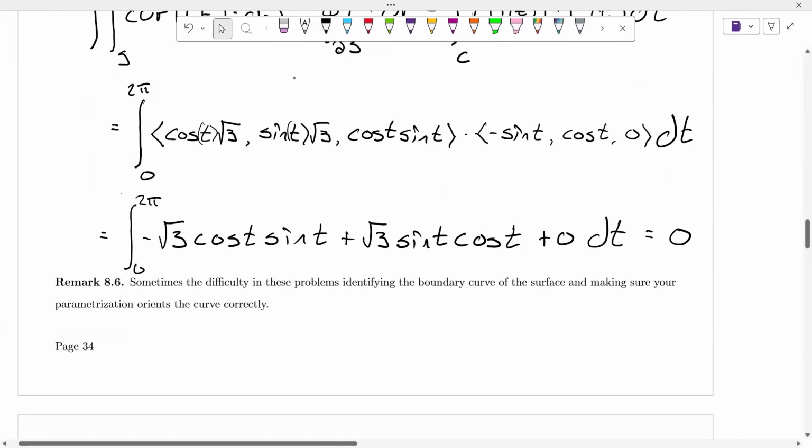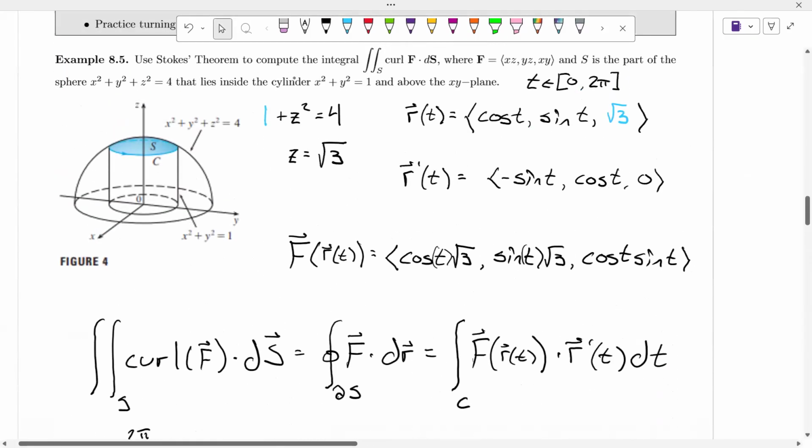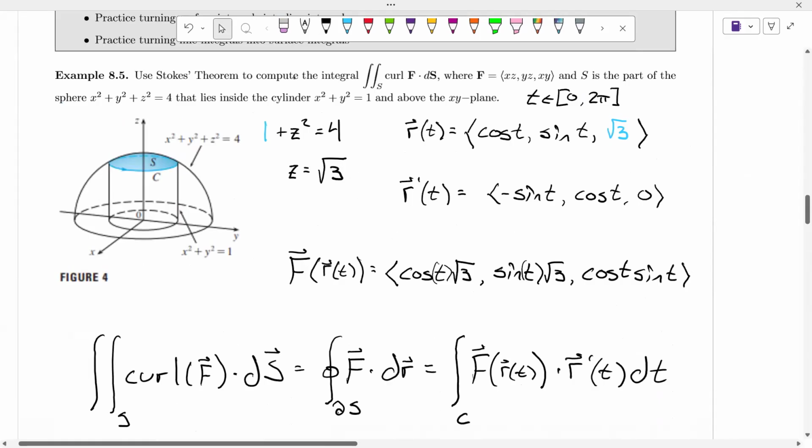So even before I integrated, I saw that my integrand was 0, so not a lot of work to do on the integrating part. Cool. If we come back to that curve, I didn't entirely talk about it in the moment, but it's probably worth bringing back. We do want to make sure that this thing is positively oriented, which means if we use our right hand rule, our thumb should point up, because we want the upward pointing normal vector when we evaluate Stokes' theorem.